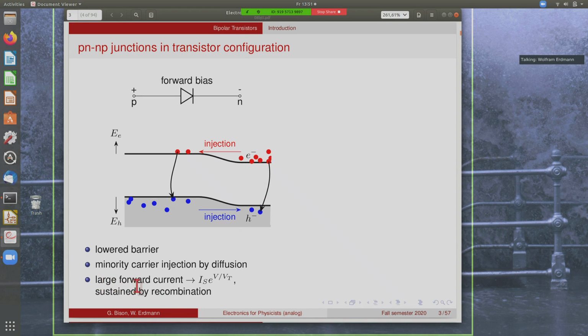So this gives rise to this large forward current with this exponential behavior that we've seen in the diode last week, and the current is sustained then by recombination. So the injected charges recombine, and far away from the junction we have the equilibrium densities.